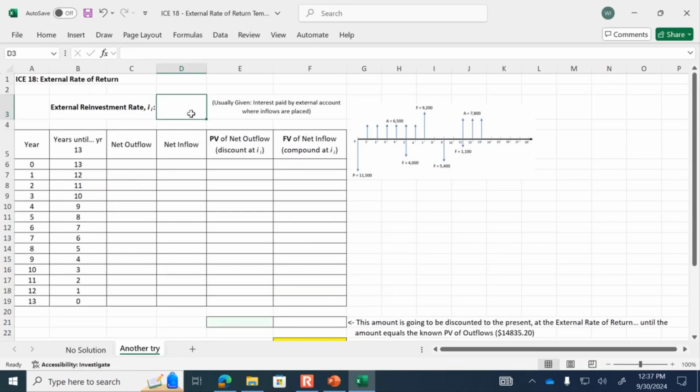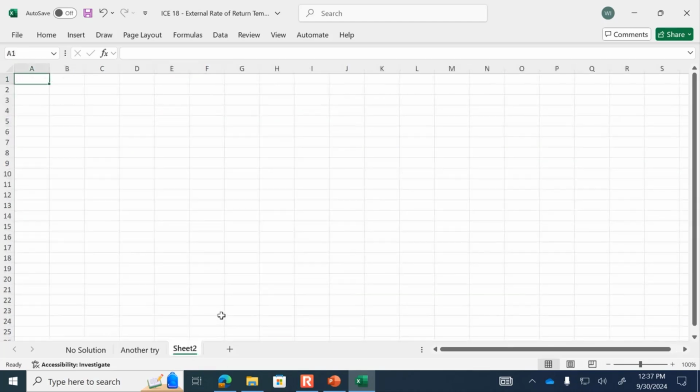Solve it another time to help crystallize in your mind what the process is, and then start with just a blank workbook, because that's what you're going to have to do on the exam. And I'd like you to, on your homework assignment, also start with your own workbook. Don't start with my template for the homework assignment.